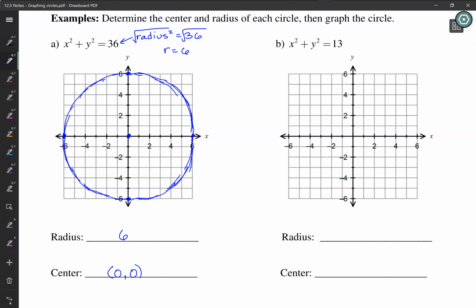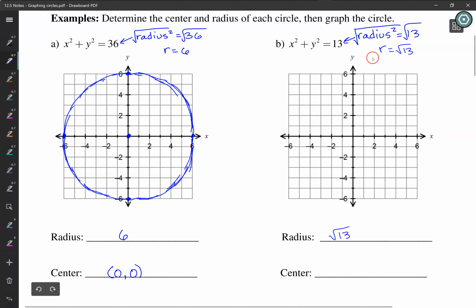All right, let's look at another one. So again, this number is the radius squared. So if we take a square root, we get that r is the square root of 13. Well, that's great, but how am I supposed to graph the square root of 13?